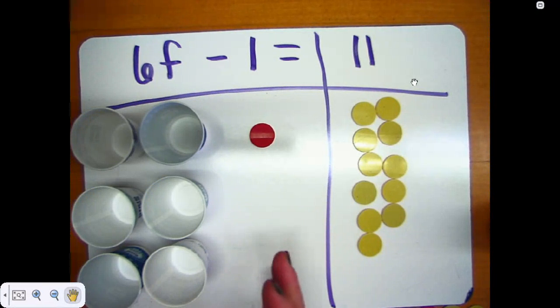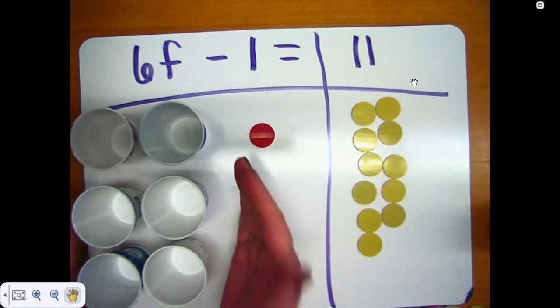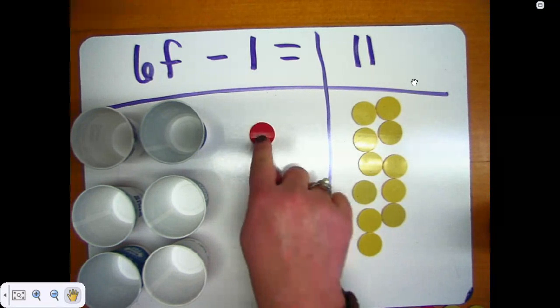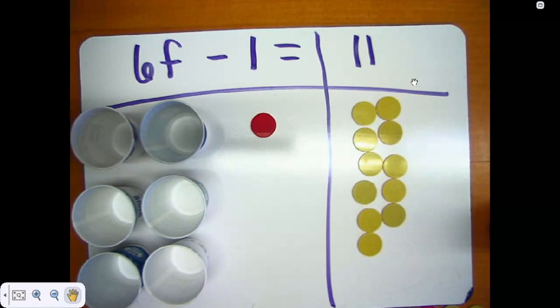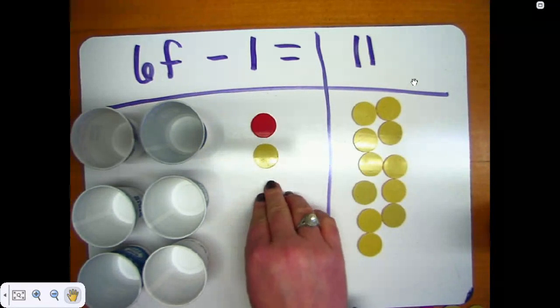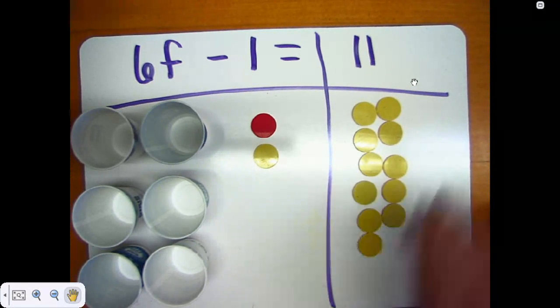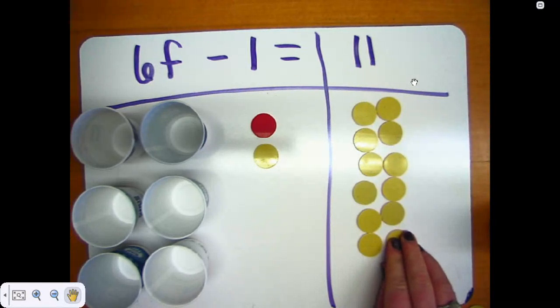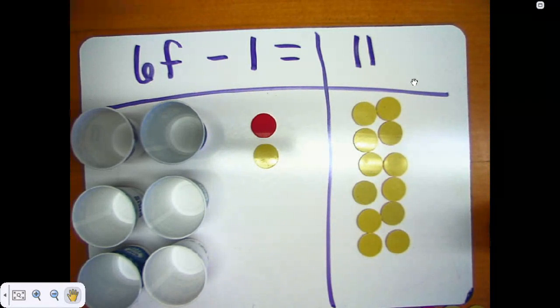The first thing I need to do is get my variable by itself. So to get rid of this negative 1, I need to add its additive inverse, which is a positive 1. And as soon as I do that, I need to put a positive 1 on this side also. Now I need to look and see, do I have any zero pairs? I do.